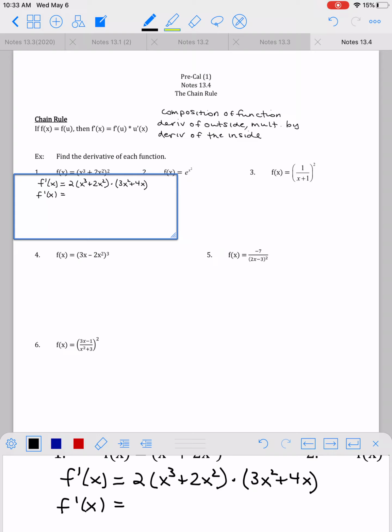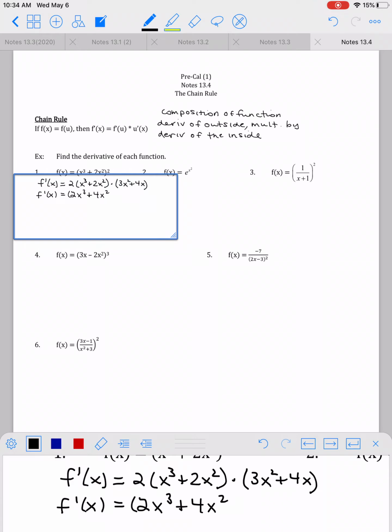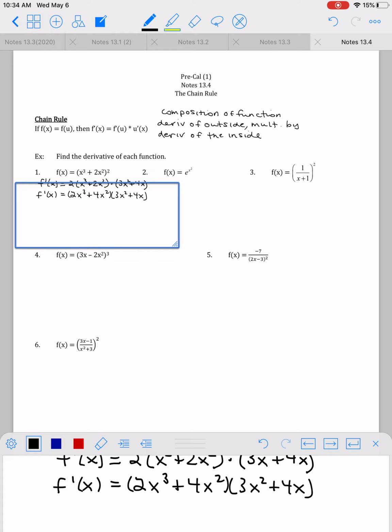So if we put the 2 through, we get 2x cubed plus 4x squared. And we're going to multiply that by 3x squared plus 4x. And then it's just FOIL to get to the end. Now, if the powers get too big, we're just going to leave it.